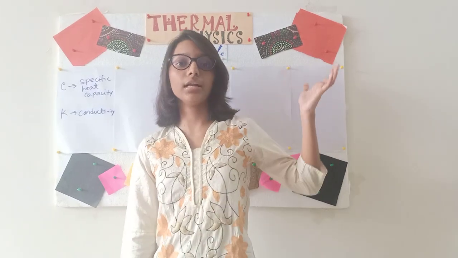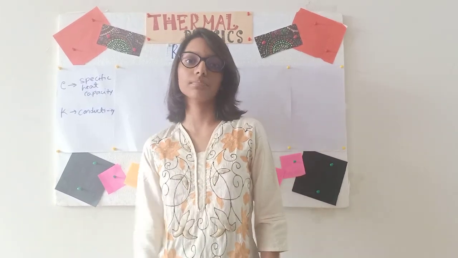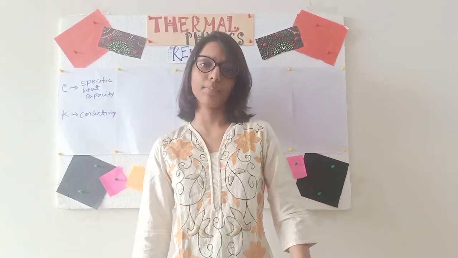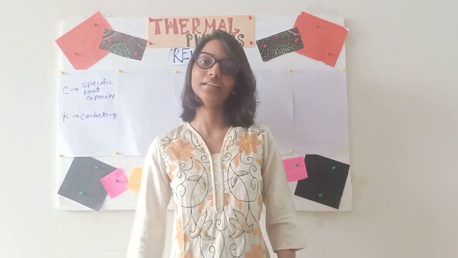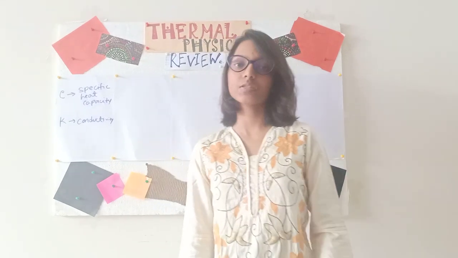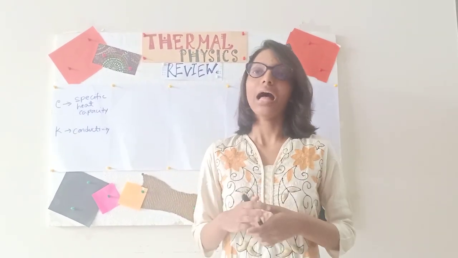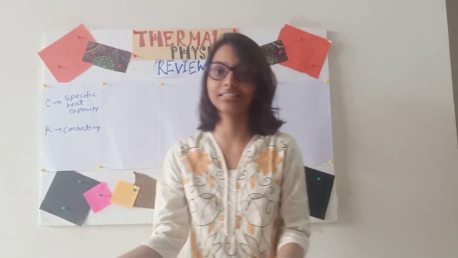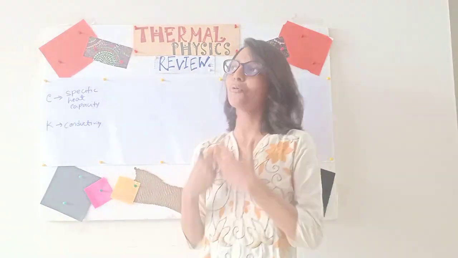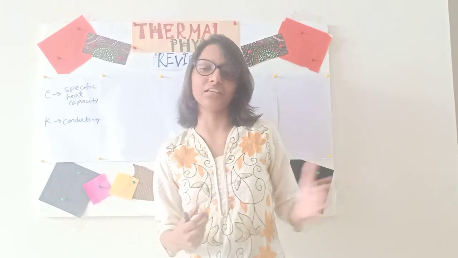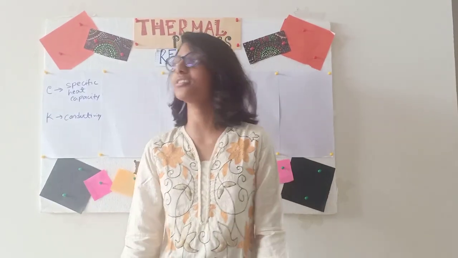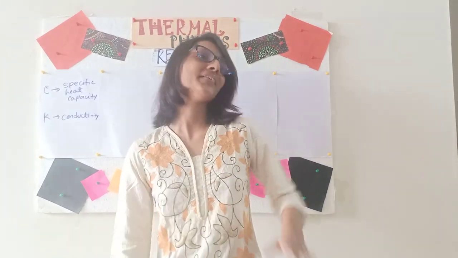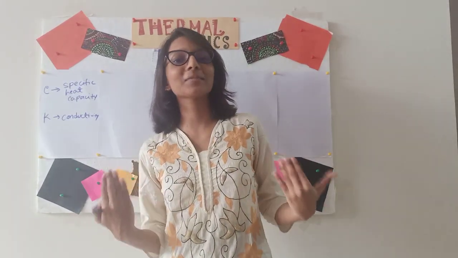Silver, high conductivity, less specific heat capacity. Metals, very high conductivity, less specific heat capacity. It is pretty obvious, because if you have the high ability to hold heat, how will you have high ability to give away heat? If you have more specific heat capacity, you will have less conductivity. Fine, we understand that.